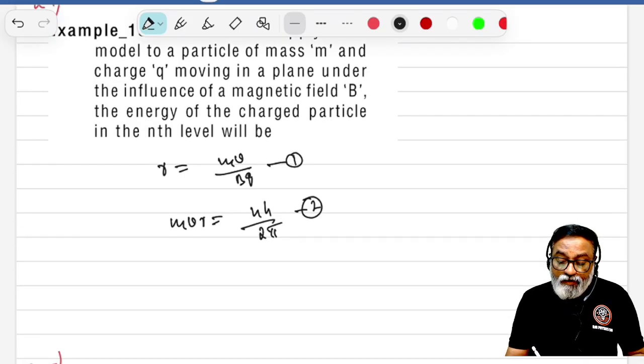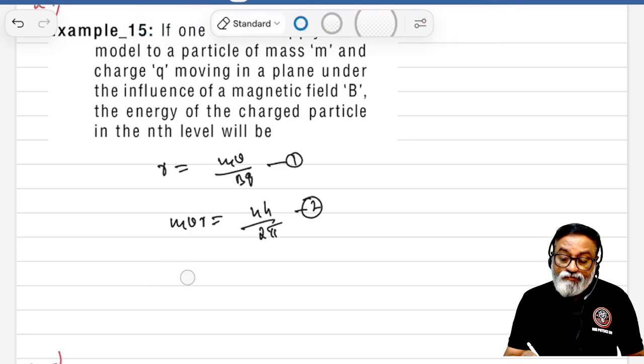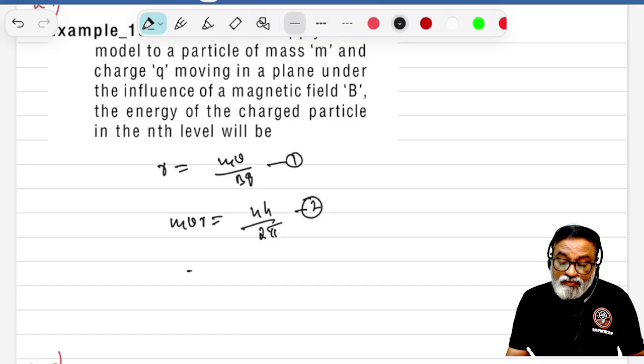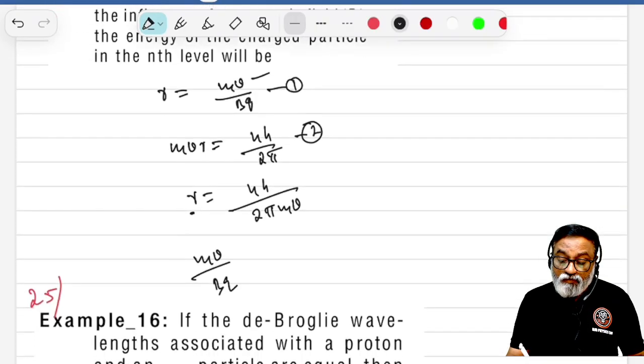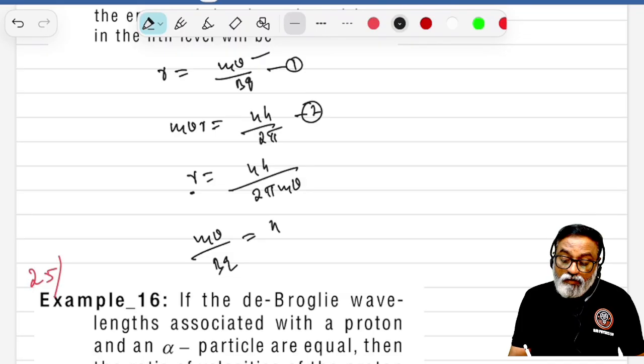From this, r is equal to nh by 2 pi mv. Here r is equal to mv by Bq. So mv by Bq is equal to nh by 2 pi mv.